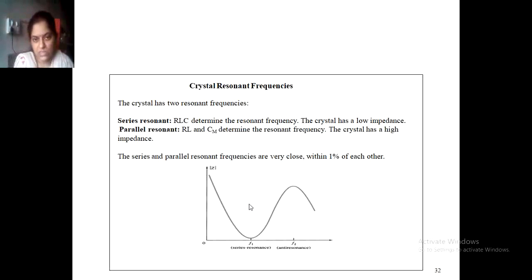So the crystal has two resonant frequencies, series resonant frequency and parallel resonant frequency. What is the difference?